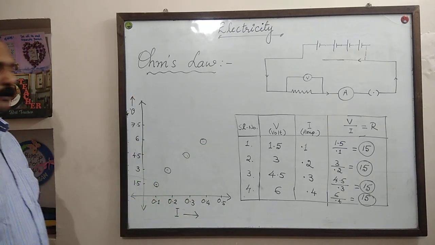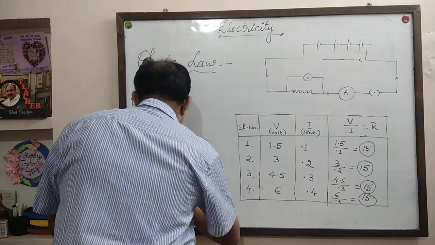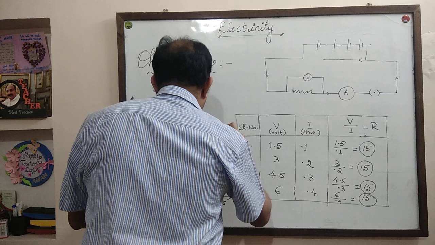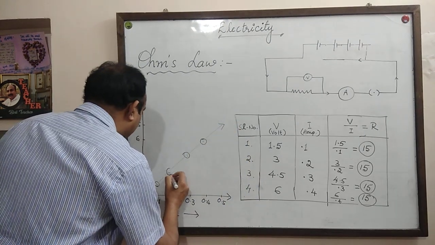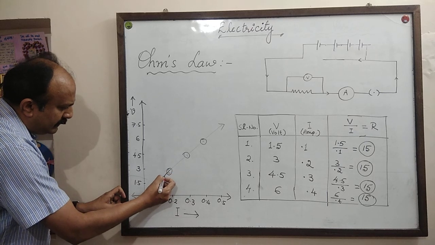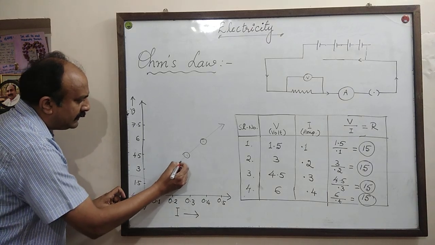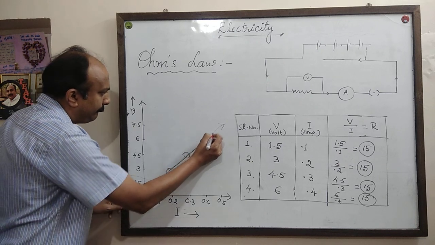When you join these points, you can see that the graph will always be a straight line.